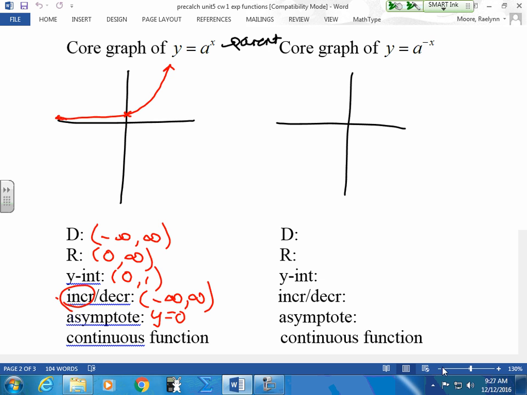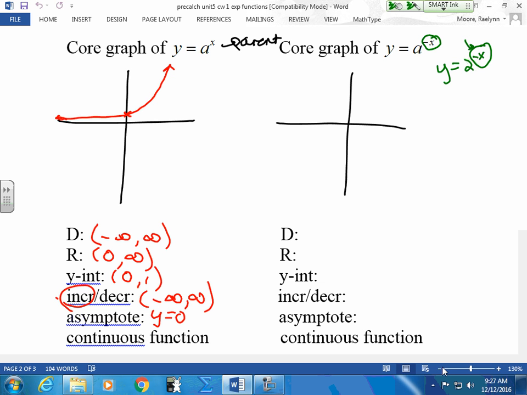What does this negative exponent do? 2 to the negative x. Yeah, but what's it going to do to our graph? Think about negative x.